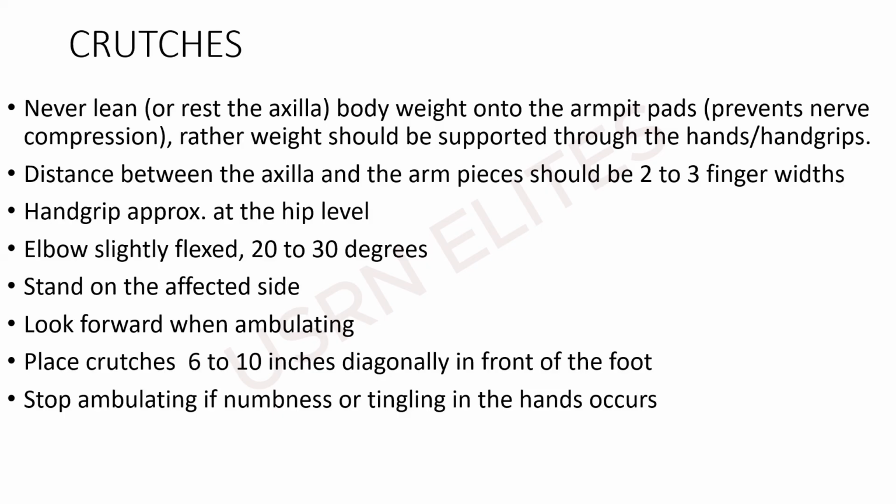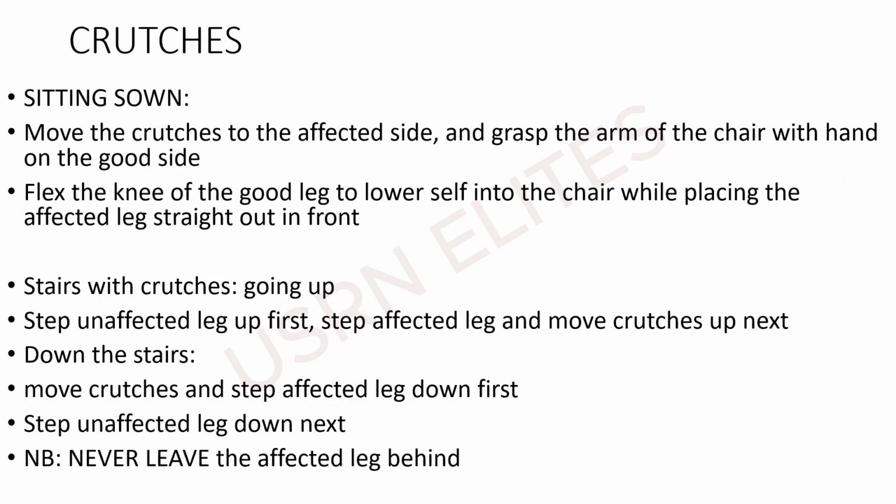You stop. If a patient is walking and experiences numbness or tingling, it means that the patient can no longer feel sensation on the hand. So it won't help with bearing the weight on the hand. So quickly, you stop the patient. So when you are sitting down, what do you do?